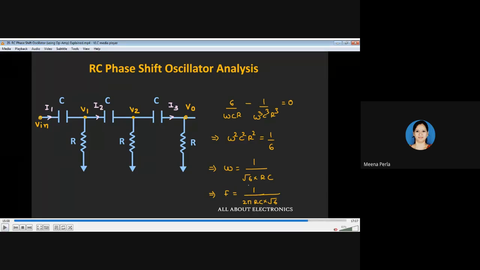Got it everyone? Any doubt till this point? Any doubt here? Should I proceed further then?